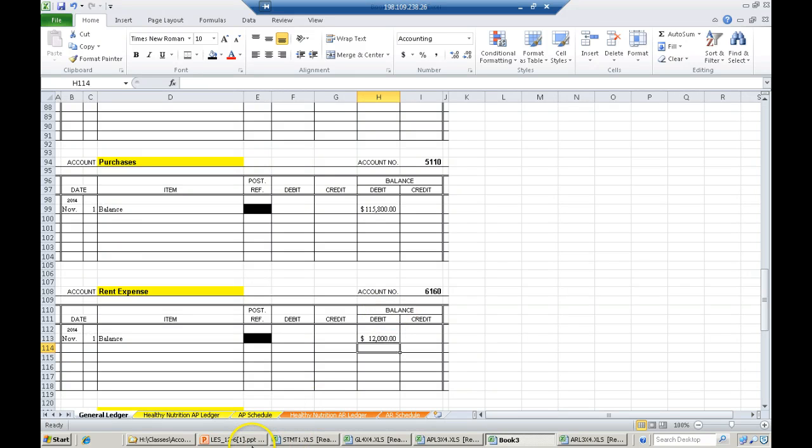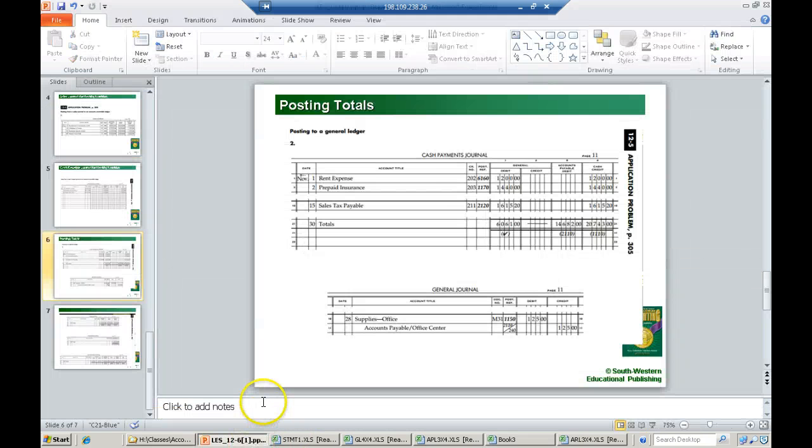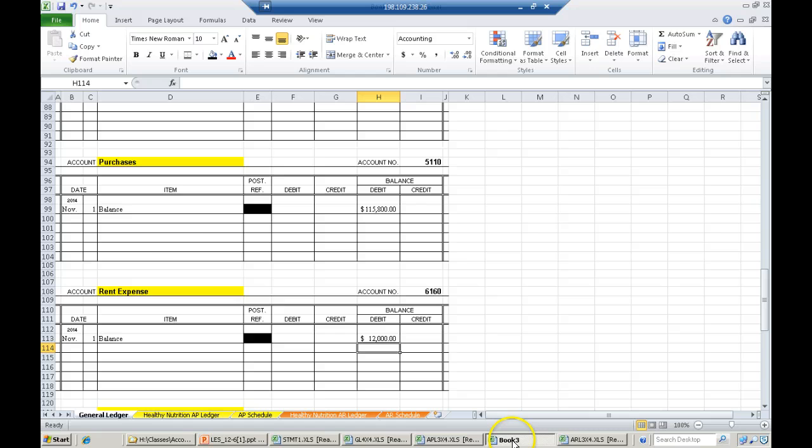Next thing we need to do is post our cash payments transactions that have happened during that month, and also our general journal transactions, into our healthy nutrition workbook that we have here.